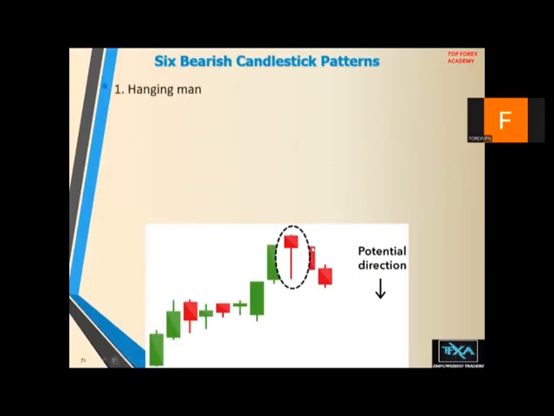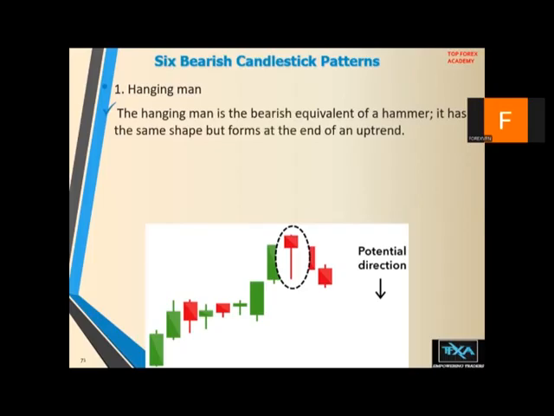You can see the hanging man here. It's just the opposite of the hammer, because most hanging men are actually red, and then you find them in an uptrend, signaling a reversal to the downward trend. So a hanging man is a bearish equivalent of a hammer.